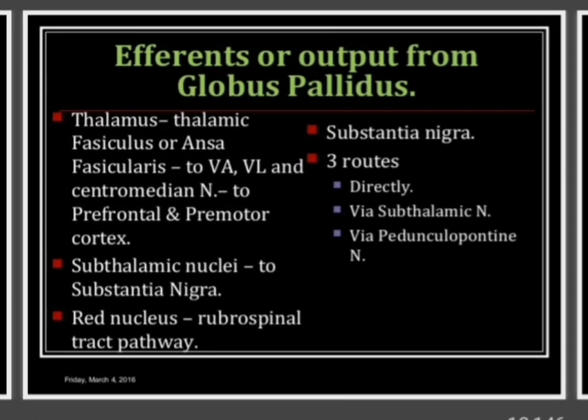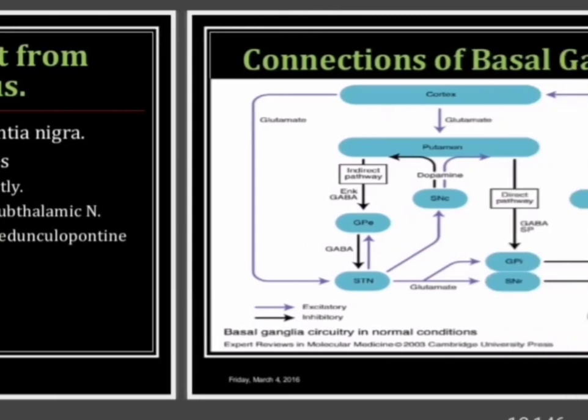Subthalamic nuclei to substantia nigra, red nucleus, rubrospinal tract pathway. Substantia nigra: 3 routes, directly, via subthalamic nucleus, and via pedunculopontine nucleus. These are the efferents.